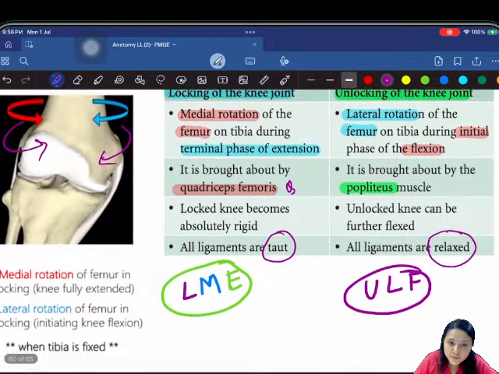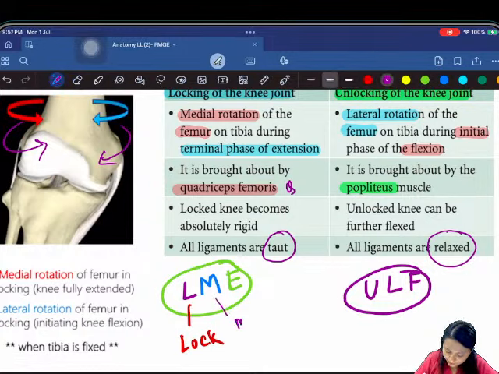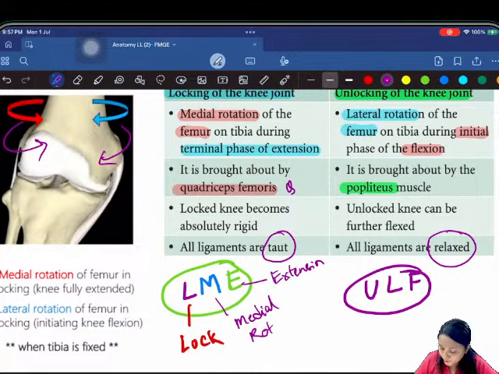So if you see LME, what is in it? In locking, what happens? Medial rotation and terminal phase of extension. And unlocking, ULF: lateral rotation and initial phase of flexion.